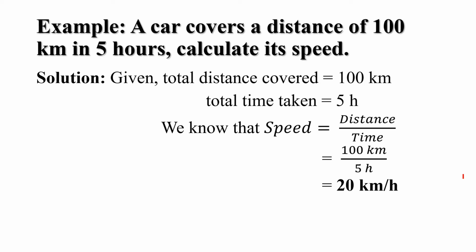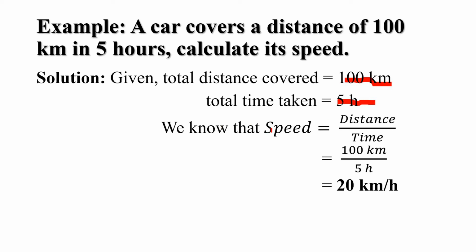And students, now let's take an example. A car covers a distance of 100 km in 5 hours. Calculate its speed. The solution: the total distance covered is 100 km, and the total time taken by the car is 5 hours.